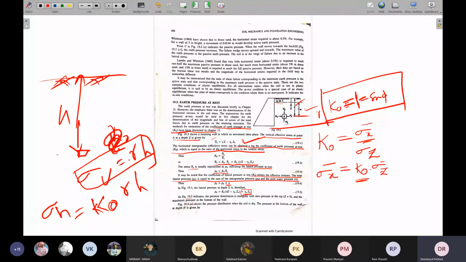What is this k naught? I wanted to show you. Somewhere it was written. Go look at that chapter, from where you will get this k naught. Where is that chapter? Anyway, I will show you. Let me check that one.